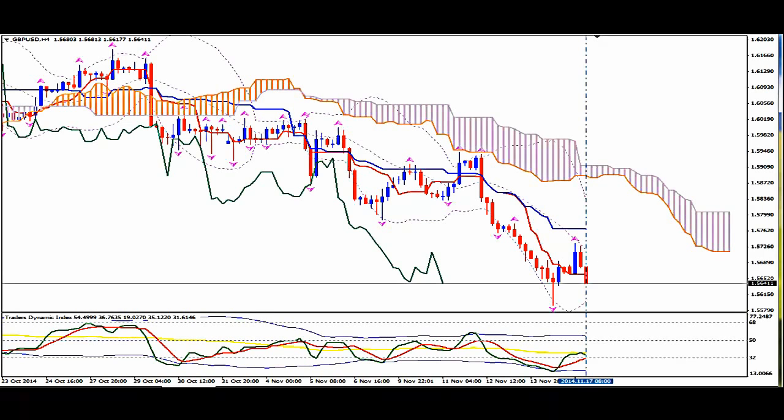And when the pair crosses above the median Bollinger Band, we will see this pattern being completed or getting close to completion, and then we can expect a very strong upward move, even above the median Bollinger Band, up to the upper Bollinger Band close to the lower border of the Kumo, that second span A, then a correction downwards close to the median Bollinger Band, and then a boom.